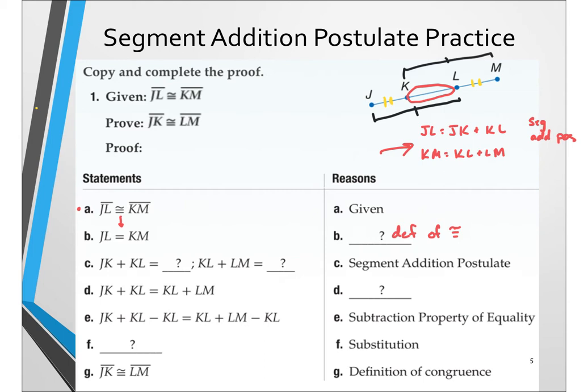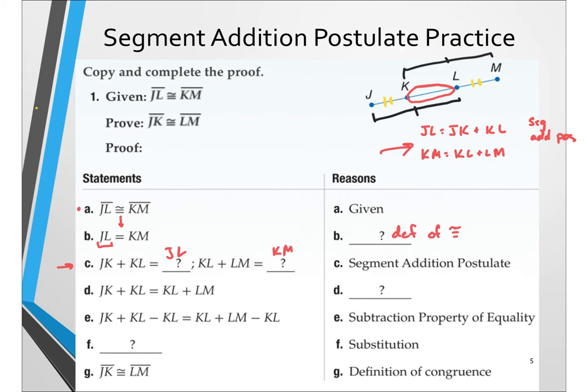So we need to transfer our symbols. Step C is our segment addition postulate step. We're asking ourselves, what do we know about JL? Well, we know that JK plus KL is JL, and we know that KL plus LM is KM. This is the segment addition postulate. We're breaking down what we know about each of those whole pieces.